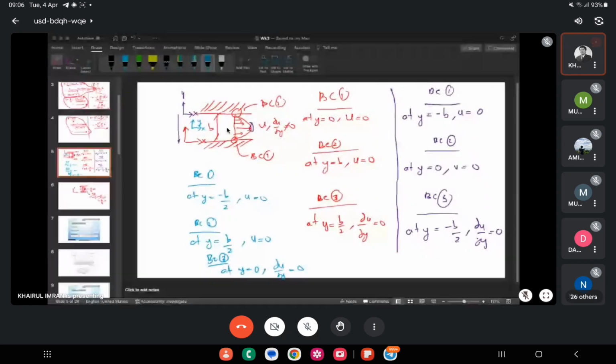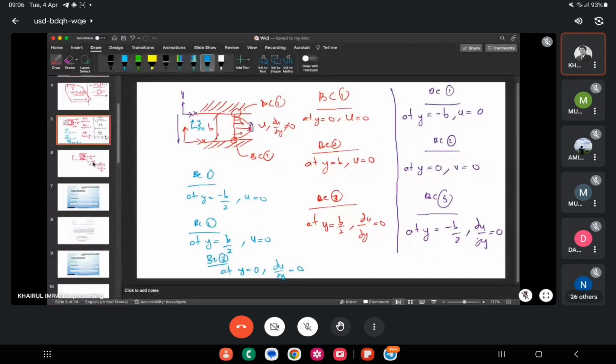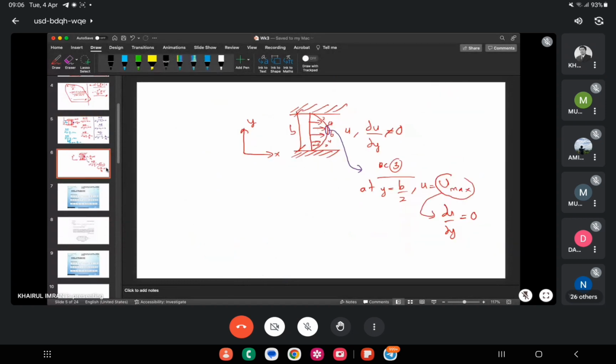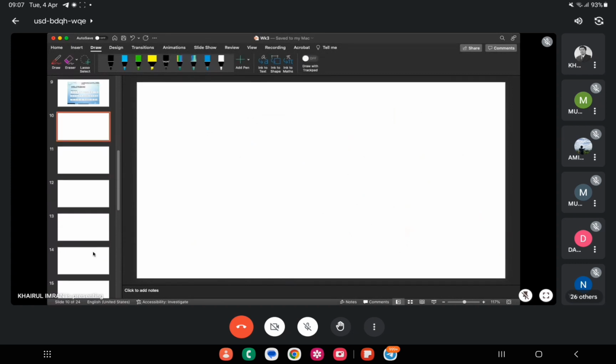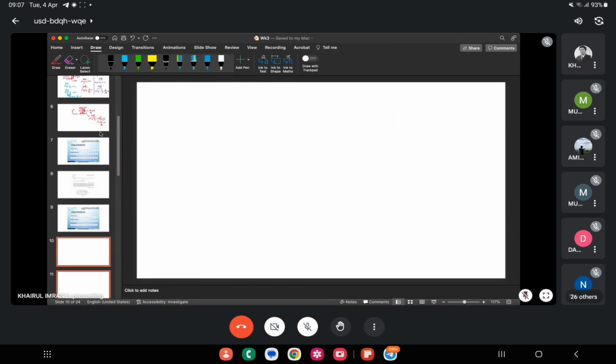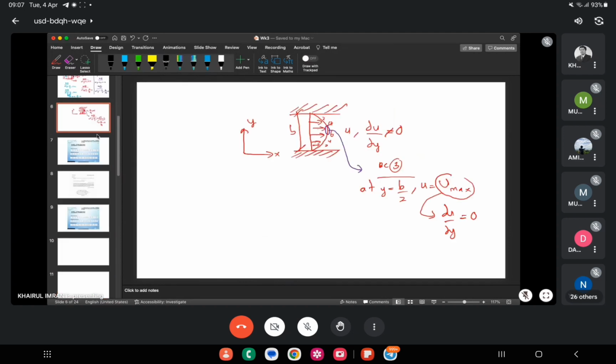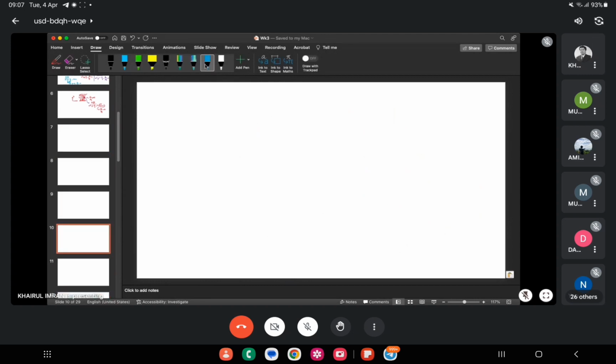Sekarang ni, saya nak ubah lagi. Sama je, fixed plate.